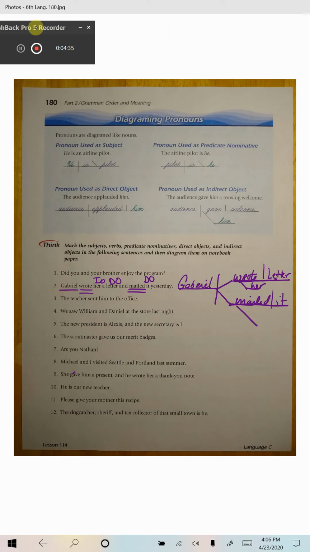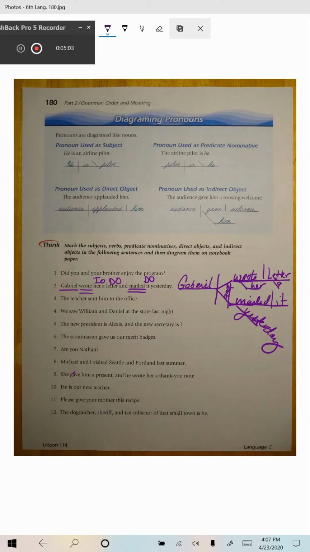When did she mail it? You can put this under here, yesterday. It's an adverb. And, gotta put and in here. A letter. We have the word we could put on there. Gabrielle wrote her a letter and mailed it yesterday. I think we did everything on there.